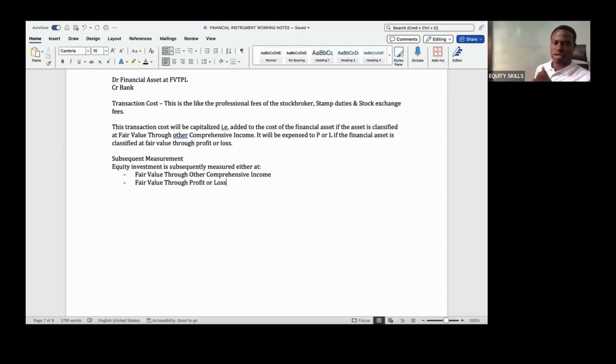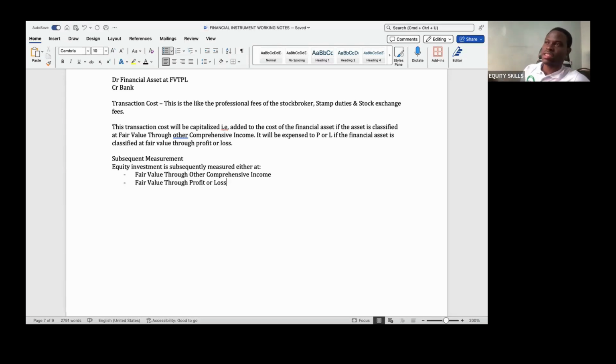So they are either measured at fair value to other comprehensive income or they are measured at fair value to profit or loss. It's very consistent with how it is classified. The same way it's classified is the same way it's measured.